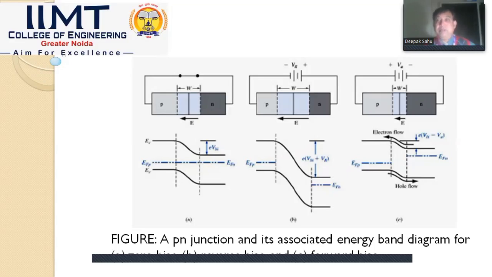And in the rightmost diagram, it is shown in the forward bias region, and the energy level decreases by the amount VF, and EFN and EFP then also redistribute themselves as shown in the diagram.